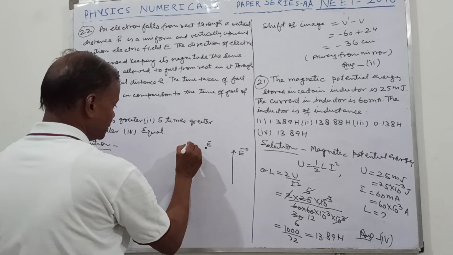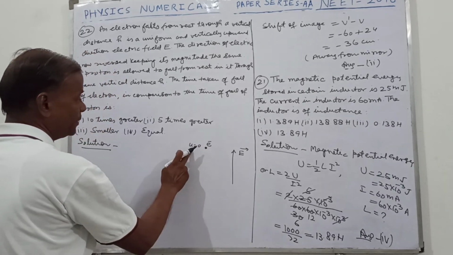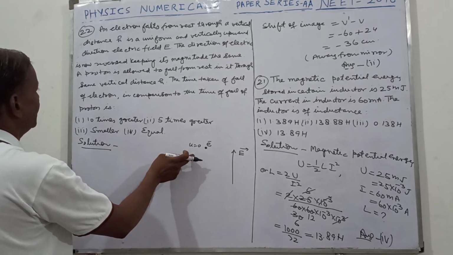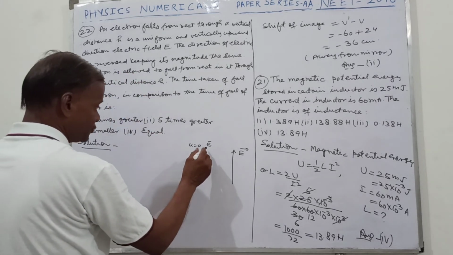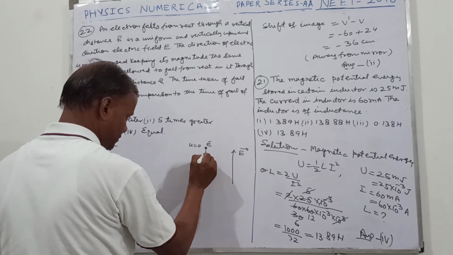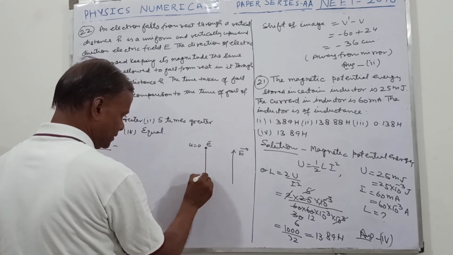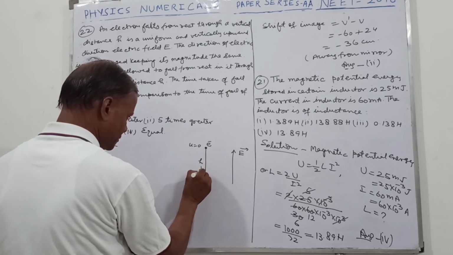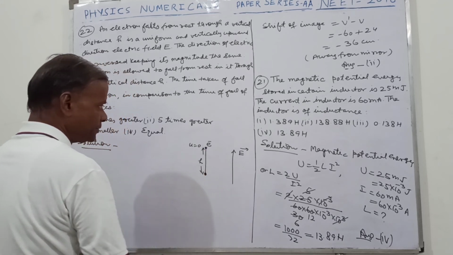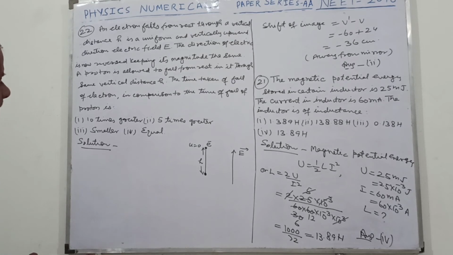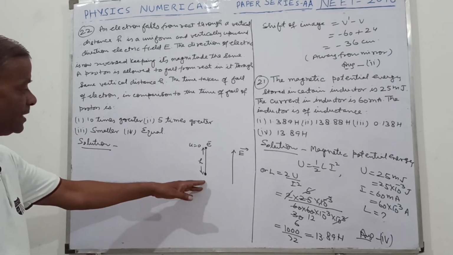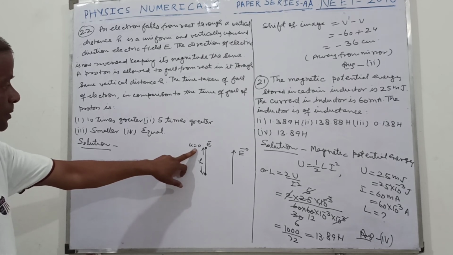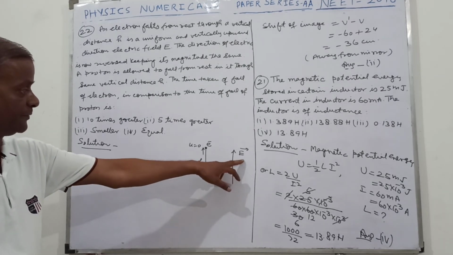It falls from rest, so initial velocity is equal to 0, and it falls through the vertical distance h. So definitely it has this height h. Uniform electric field is E.